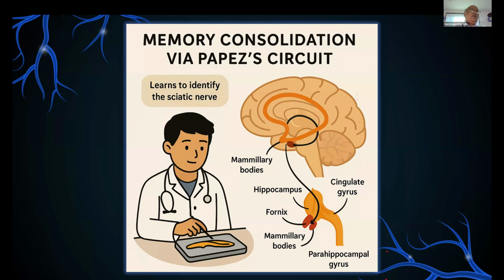That goes to your postcentral gyrus. From there, the impulses go to the hippocampus, where, as I already told you, encoding happens. All these visual impulses get converted into neuronal signals in the hippocampus. That is called encoding. So now you are getting some idea about the sciatic nerve.